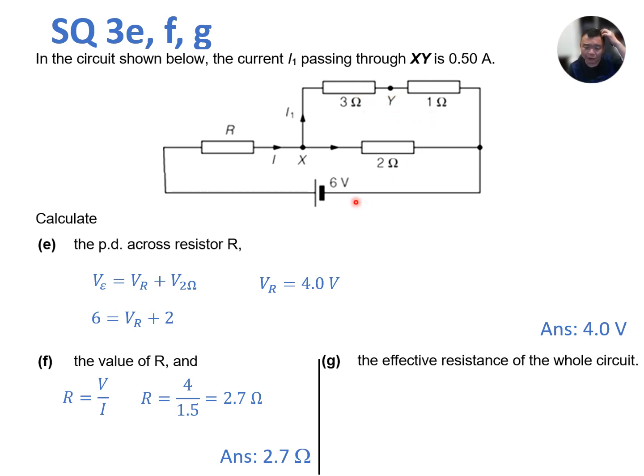Since now we know the total voltage, which is the EMF 6 volts, and now we know the total current, which is over here 1.5 amperes as found in the previous part, we can just apply Ohm's law on the whole circuit to get us the resistance of the whole circuit. That's the answer. Therefore, the answer is 4 ohm.